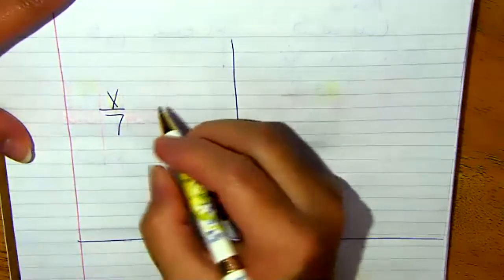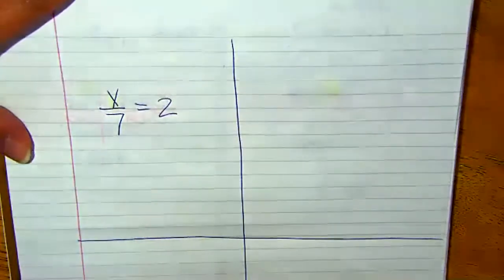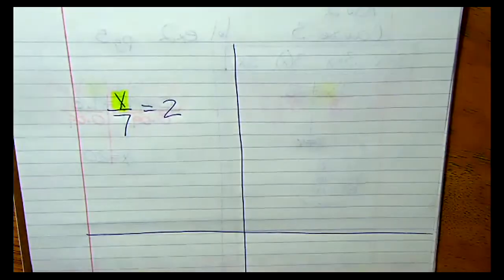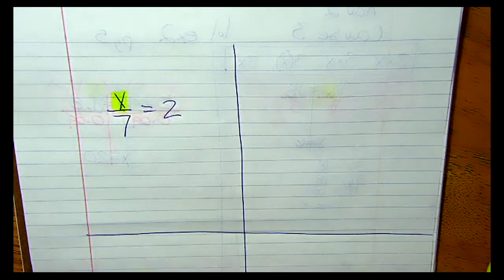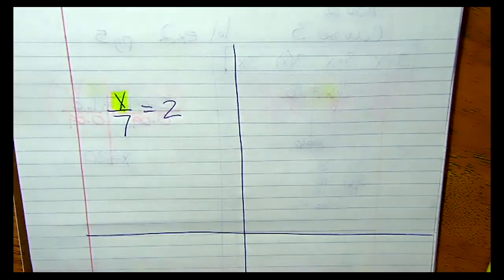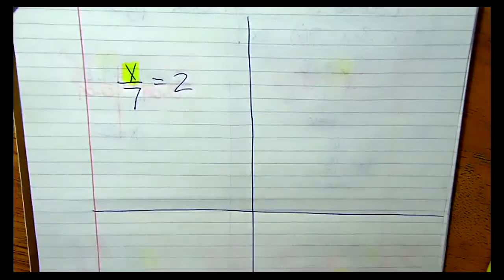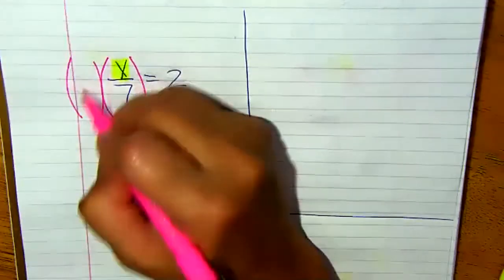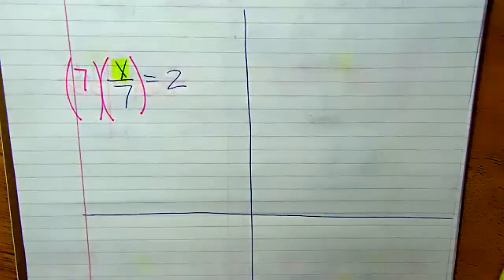X divided by 7 equals 2. Well, I still need to isolate my variable. And to do that, I need to get rid of this divided by 7. Well, how do we get rid of divided by 7? We multiply this whole thing by 7.